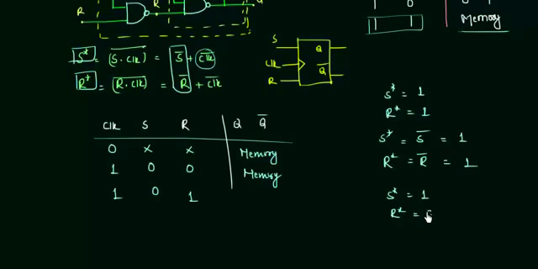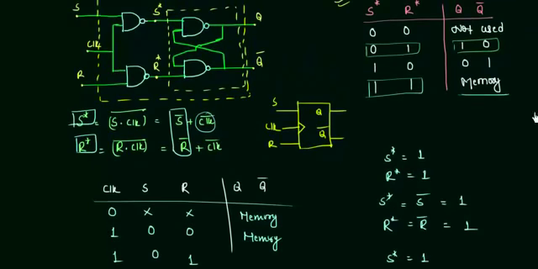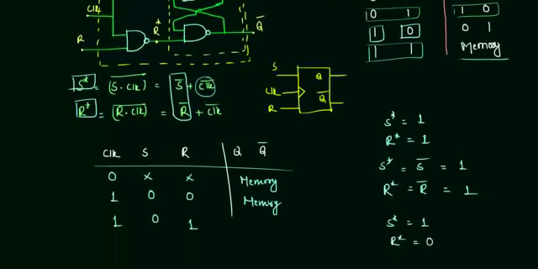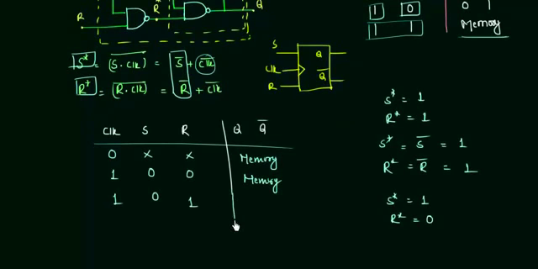R star will be 0. So for 1 and 0 we have to check from this truth table. When S is 1 and R is 0, we are having Q as 0 and Q complement as 1. So let's write it down here. Q as 0 and Q complement is 1.